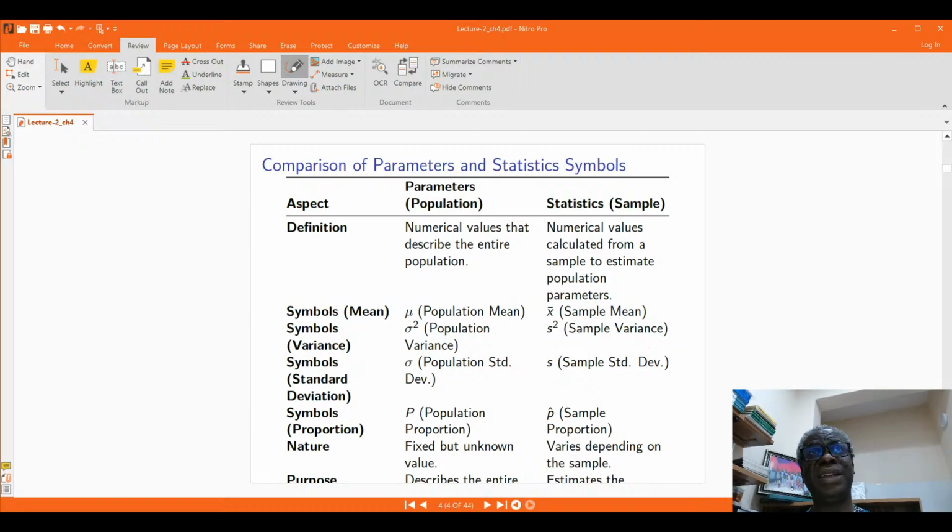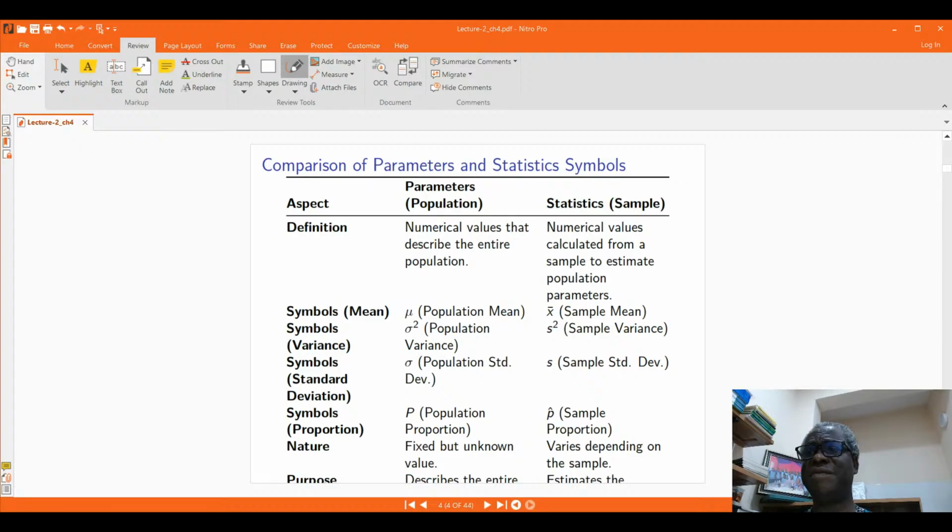Let's start by looking at these two concepts, parameters and statistics. We mentioned them briefly in our first lecture. Because they are very fundamental, they are very crucial to our discussion today. So first, we will look at the definition.